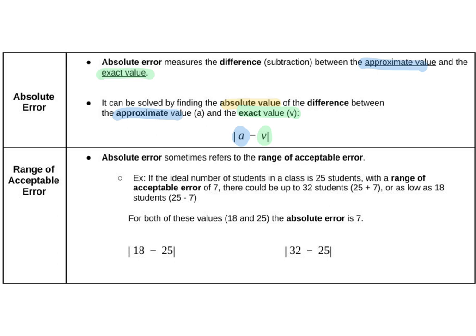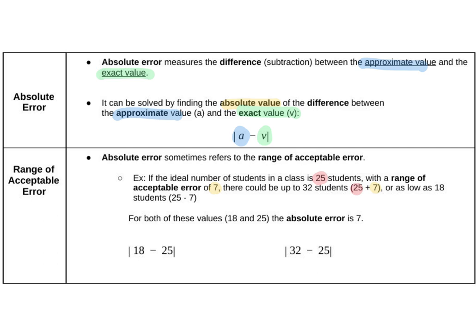An example of that is if the ideal number of students per class is 25, and schools say that there's a range of acceptable error of 7, we could say that it would be acceptable to have 32 students because that is our ideal value of 25 plus that range of acceptable error of 7.